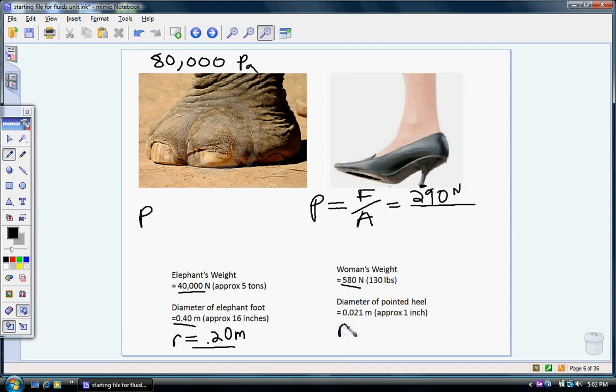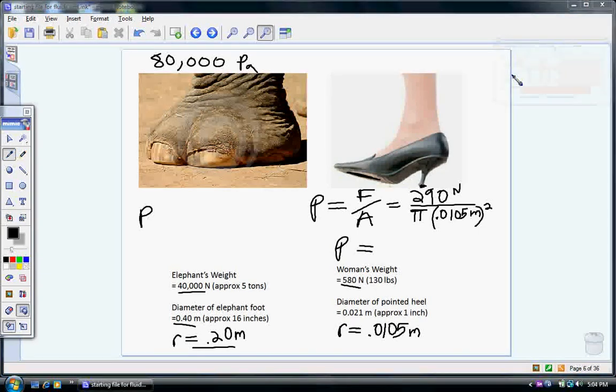Well, the radius then of that little heel would be 0.0105 meters, yes? So this becomes pi times 0.0105 meters squared. And what does that crunch out to be? 270,000 pascals.